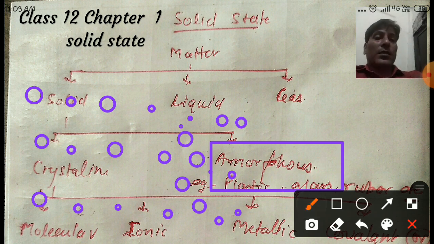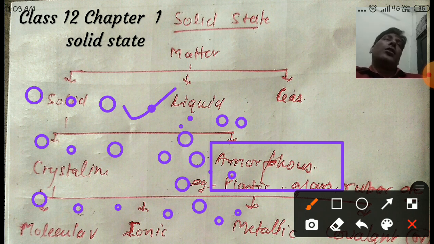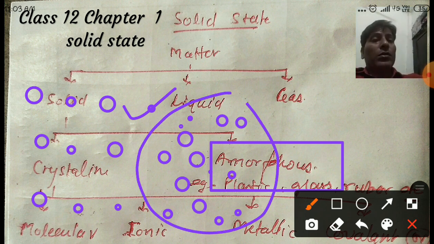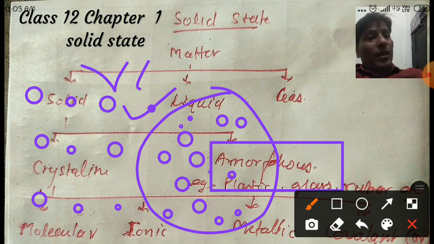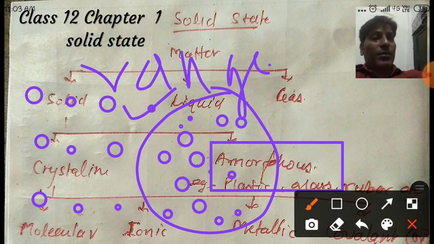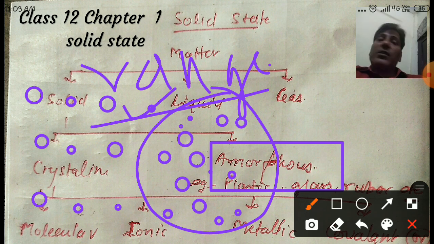This makes it have no sharp melting point, meaning there is a range of temperature which is needed to melt it, not sharply. This is the range of temperature for its melting point.